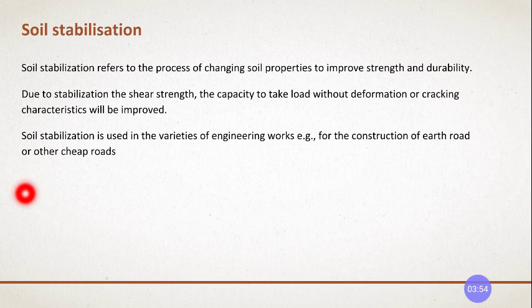Next, soil stabilization is used in a variety of engineering works, for example, for construction of earth roads and other cheap roads. It is not necessary that it is used only for normal roads.